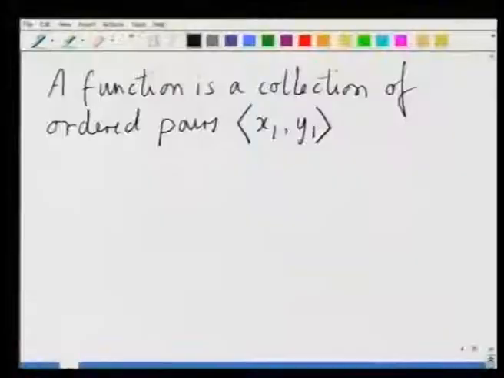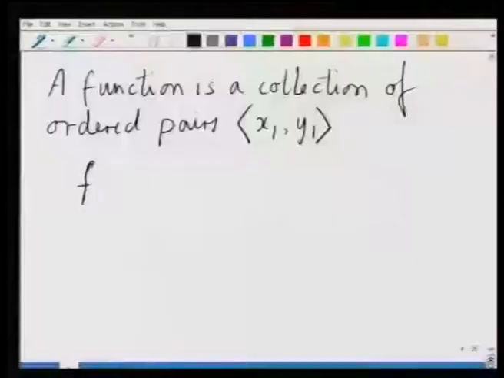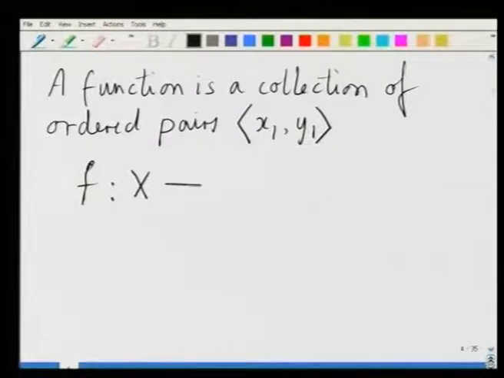So, in this case, if we call our function f, as a map from capital X to the set capital Y, then we will say that x 1 y 1, this particular ordered pair enclosed in what are called angle brackets, is an element of the set f.